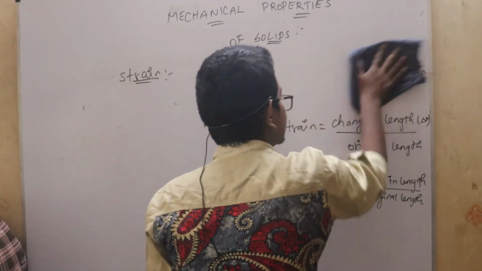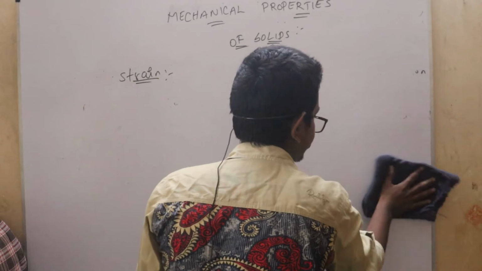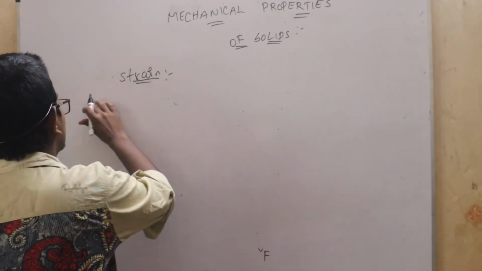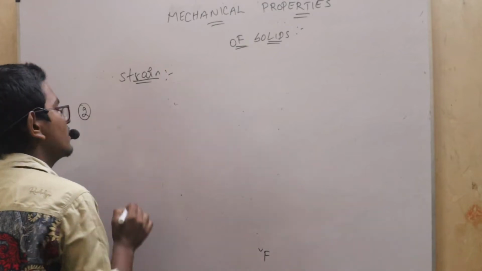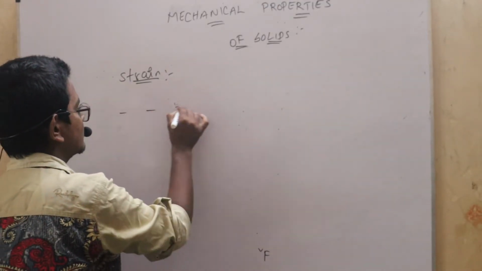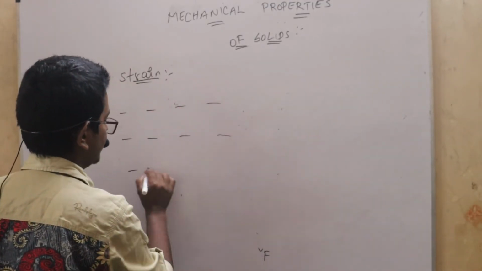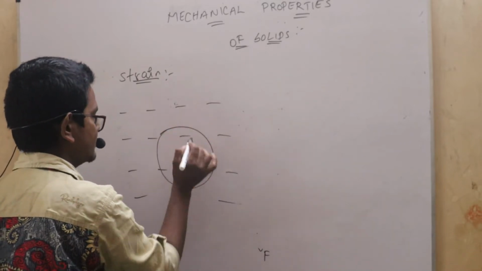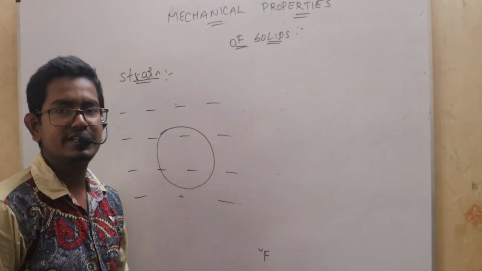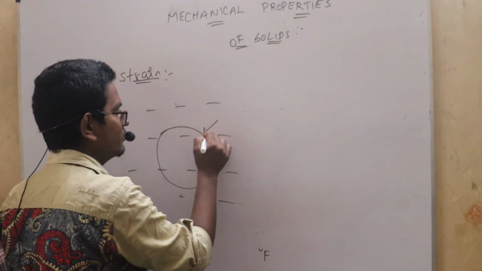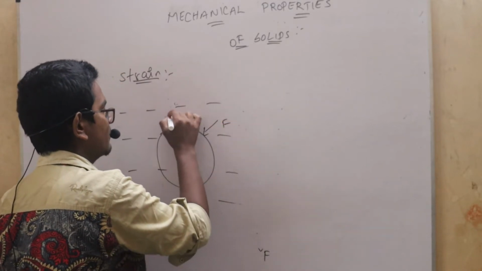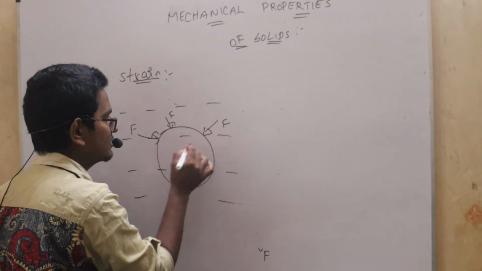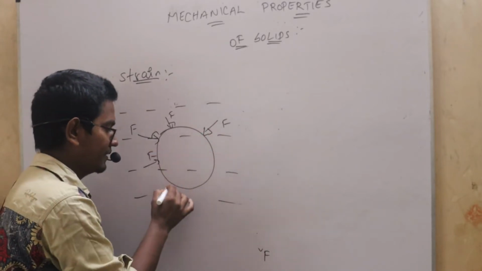which will be known as volume strain. You can see here, in the volume strain, we study the volume stress as the water molecules are present. Inside these water molecules, a metallic sphere is there. This metallic sphere is experiencing force due to these water molecules, because these water molecules are exerting pressure on this metal ball.